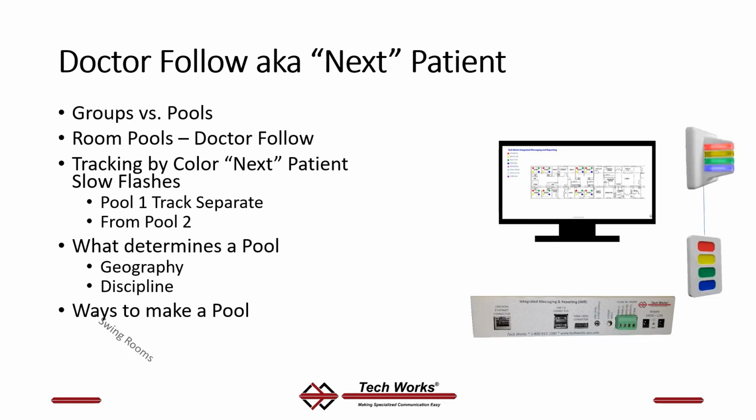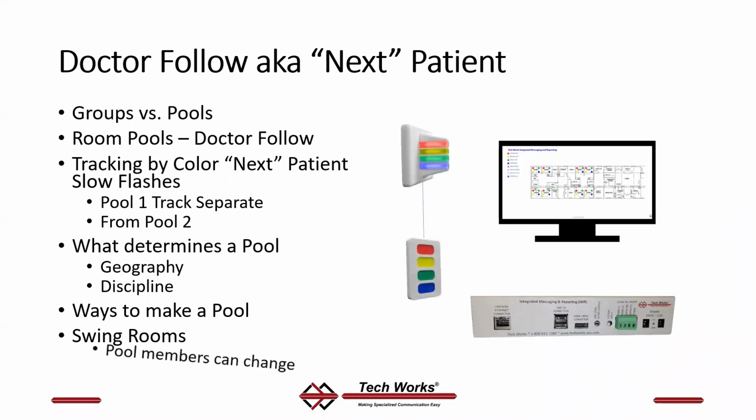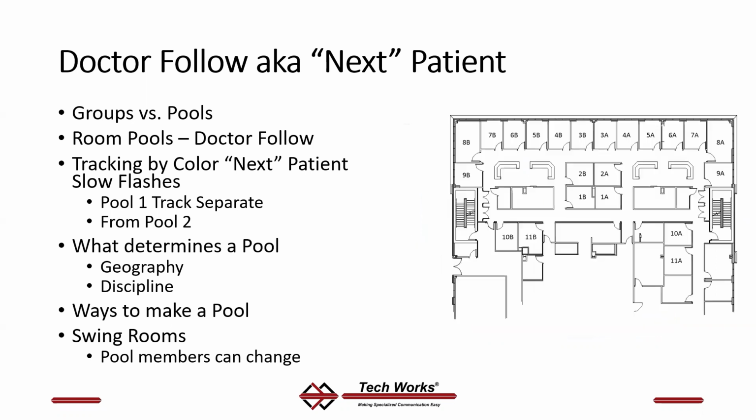It's totally flexible. Let's talk about swing rooms. This makes swing rooms possible. So let's say you got a room that's shared between 2 different doctors from time to time. One day it's over here on this side. The next day it's on this side because the pool members changed from one day to the next. What would that look like?